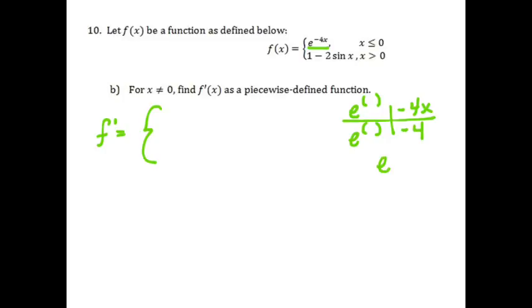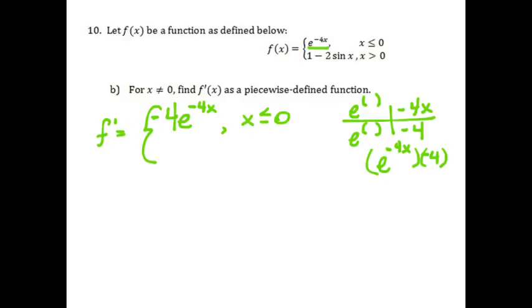And so this part is equal to e to the negative 4x times negative 4. So that would be the derivative of my first piece: negative 4e to the negative 4x. And that is for x less than or equal to 0, the same domain piece as the original function.